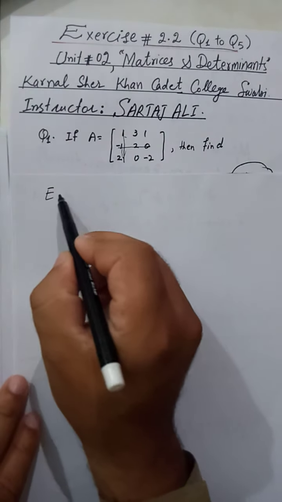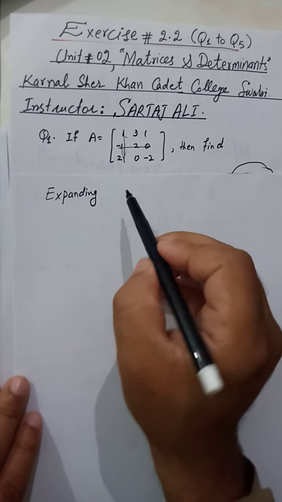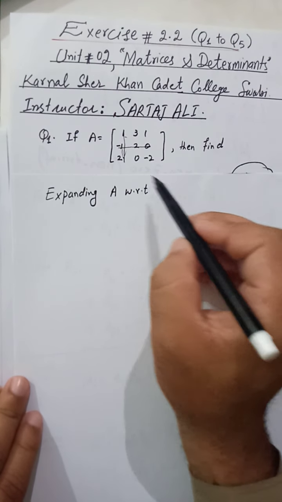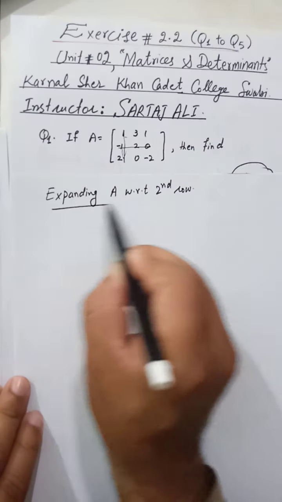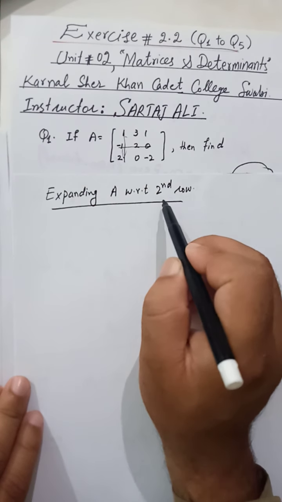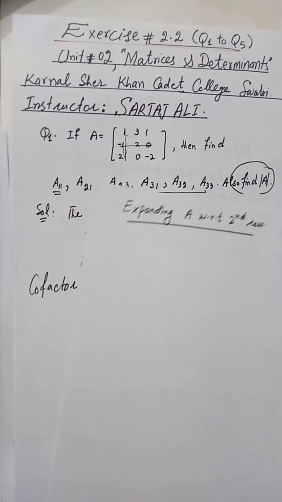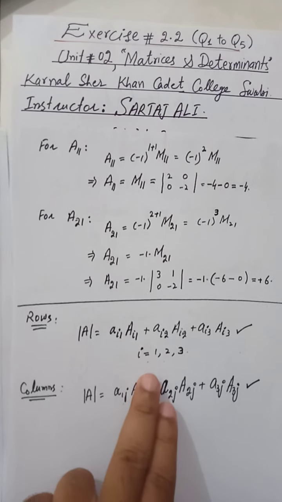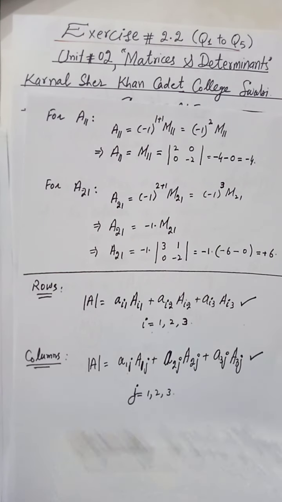So I am finding the determinant, expanding matrix A with the help of the second row. You need to put i equal to 2 in the formula. Just replace i by 2, and you will get the required formula for calculating the determinant.